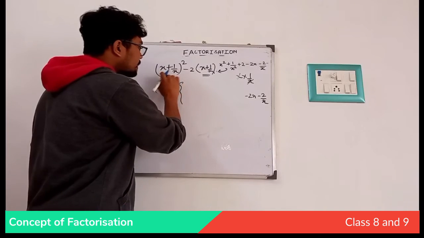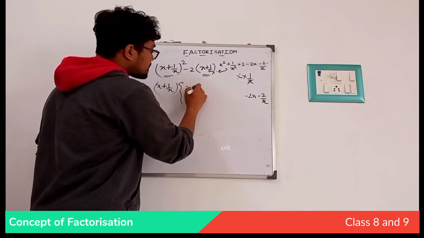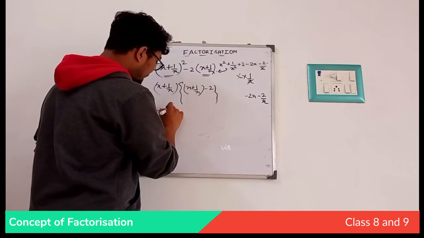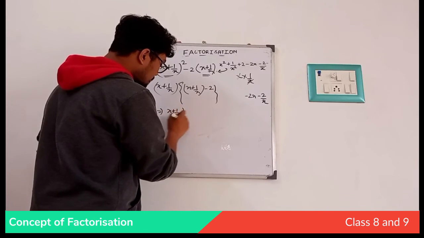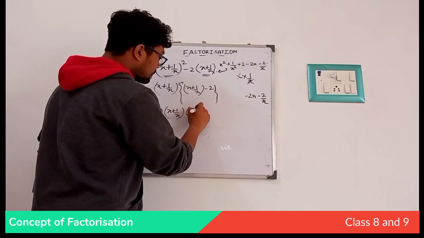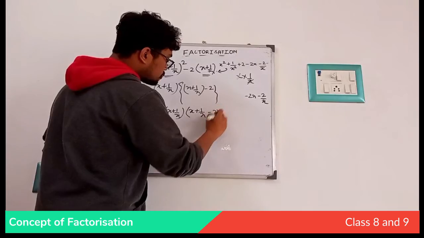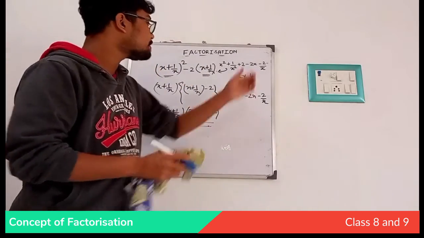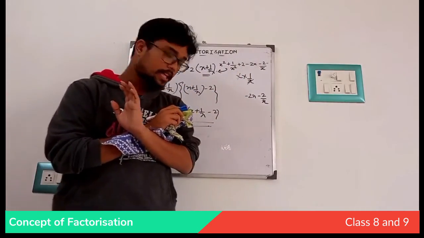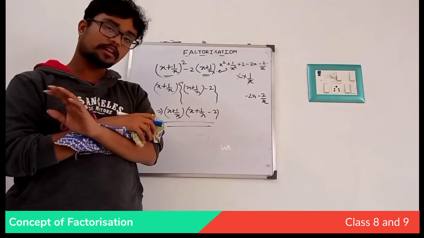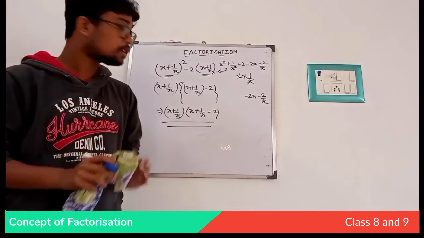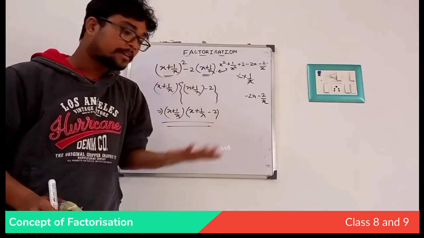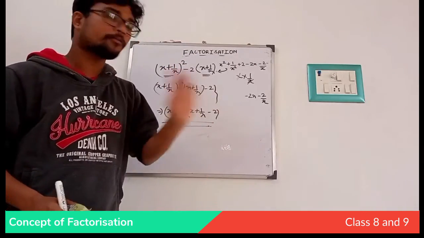So what will we have? (x plus 1 by x) into (x plus 1 by x minus 2) is the factorization of this term. I think everybody can understand this problem. So this is our final problem of the grouping method and the taking out of common factor method.